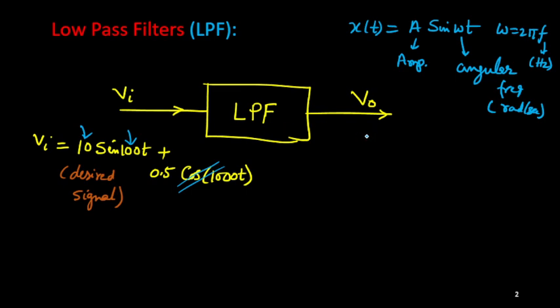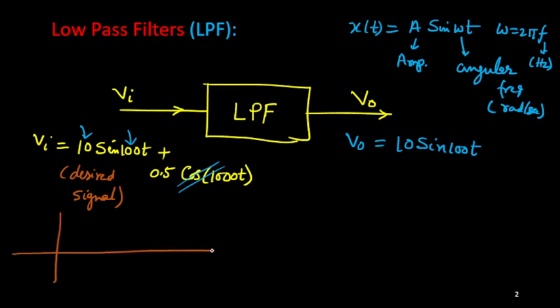So in the output end, we want only this 10 sin 100t. Okay, what is the shape? Can you see the shape of the resulting one? We can draw the resulting signal. Suppose the input signal with respect to time.